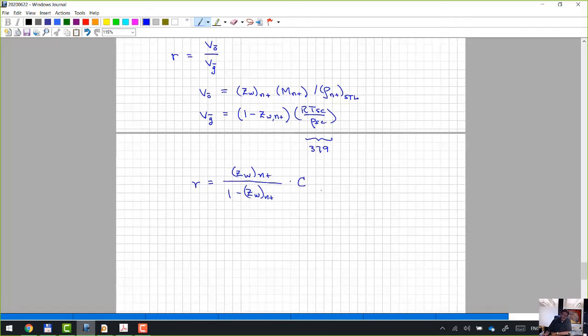And that constant is just equal to the molecular weight over density, which is kind of a molar volume of the C N plus. And then we need to divide by that, so we basically get PSC over R TSC.